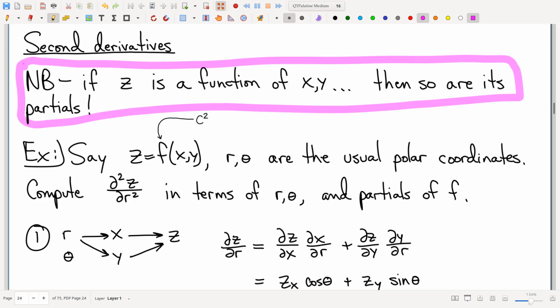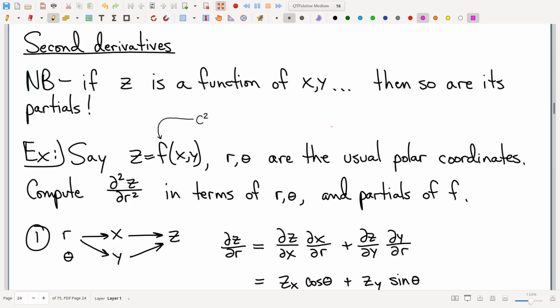So I'm just going to, for the moment, call this an obvious statement that if you have z being some function of x and y, so imagine some big expression involving x's and y's. If you take a partial with respect to x or y, the result will still be a great big expression involving x's and y's. In other words, it will also be a function of x and y. So now, how that's useful, we'll see momentarily.